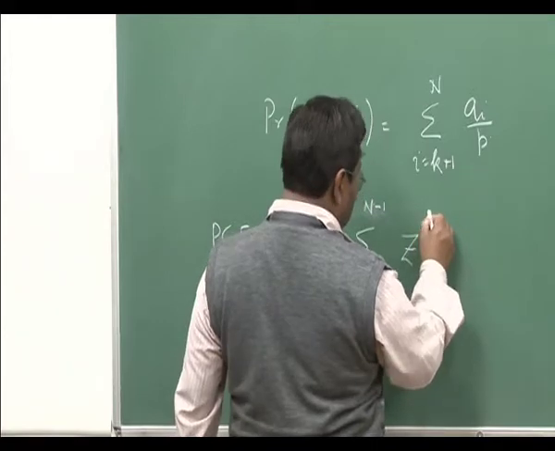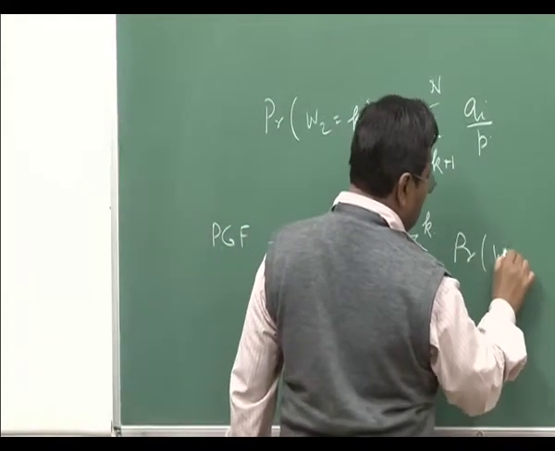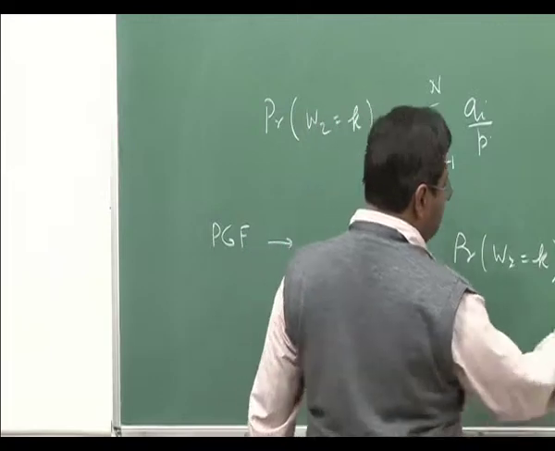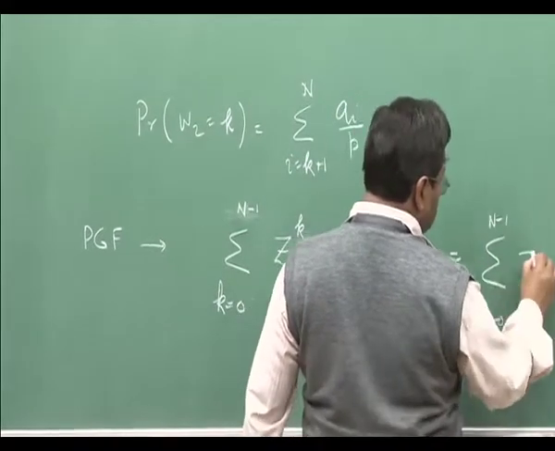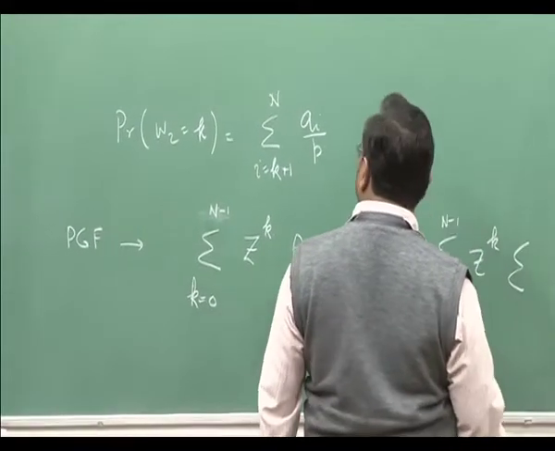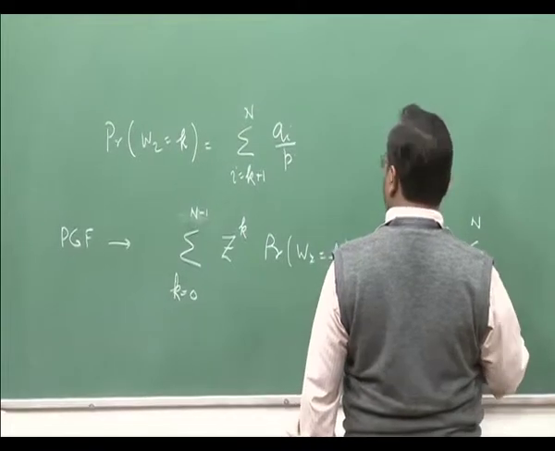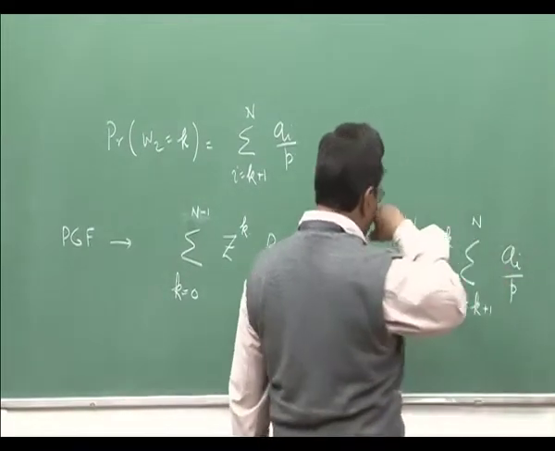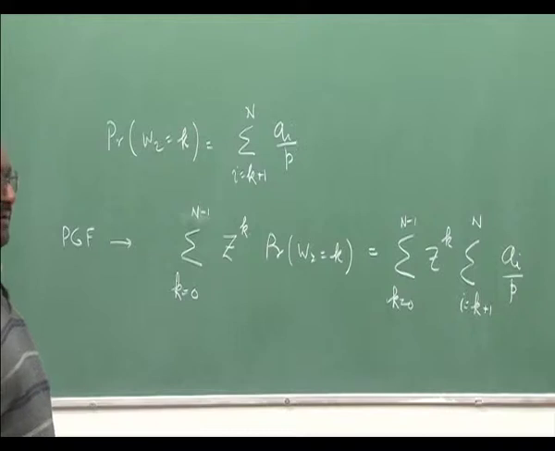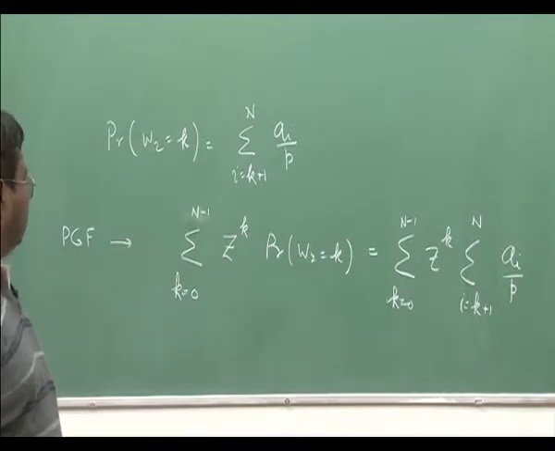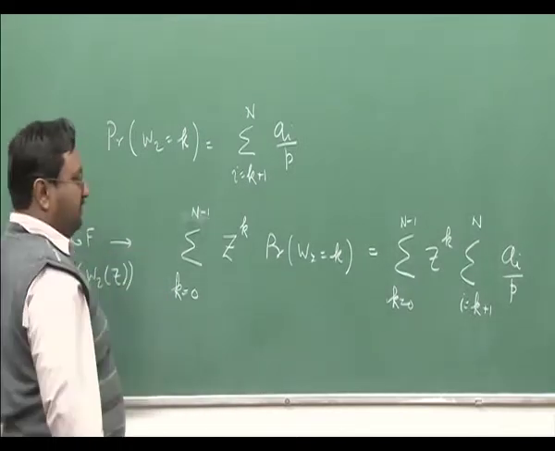So you have to take z raised to the power k, and then of course whatever the probability is that W2 is equal to k has to be put here, which in turn will give you the probability generating function W2(z). That's what we are interested in.